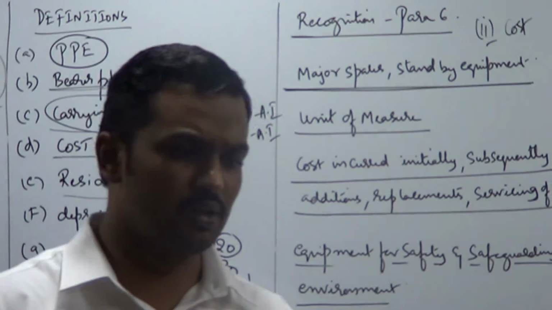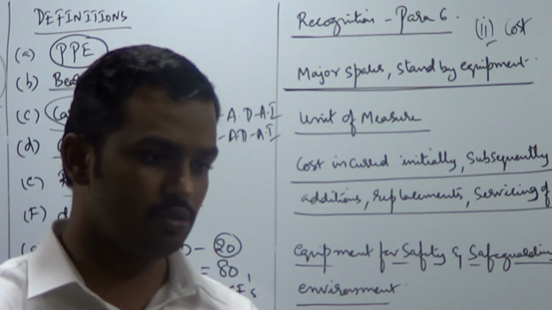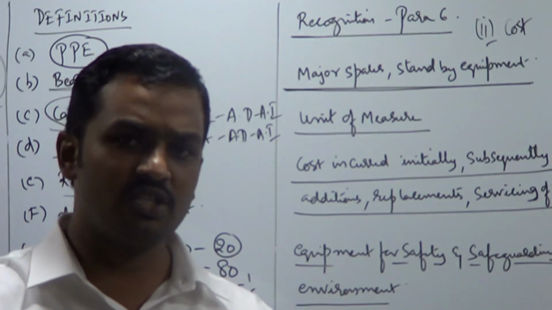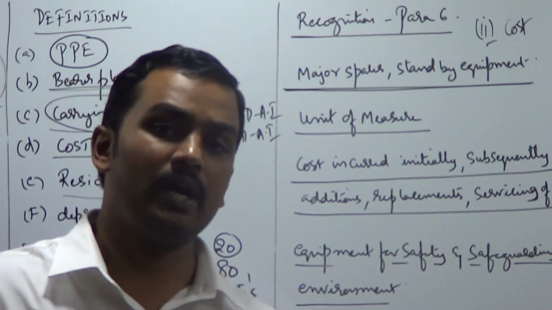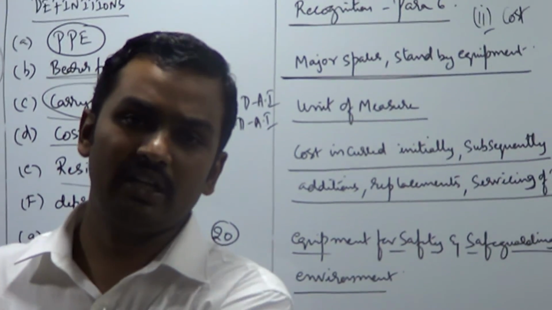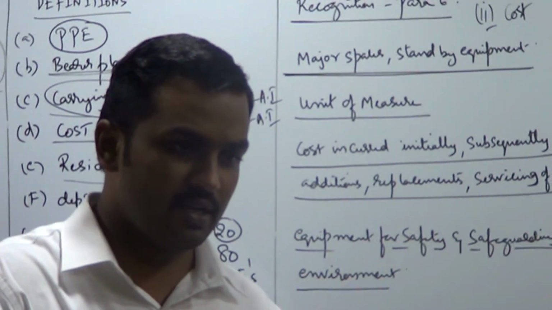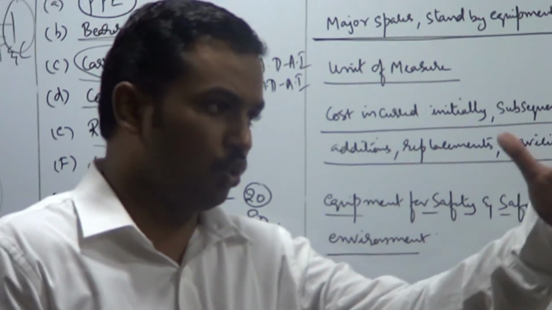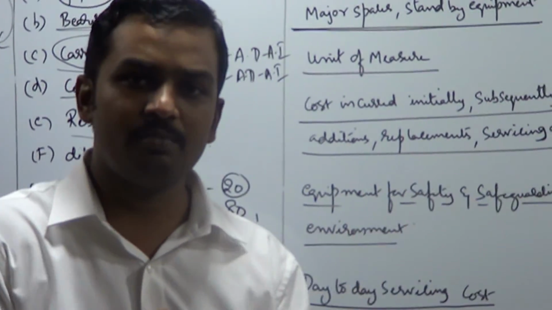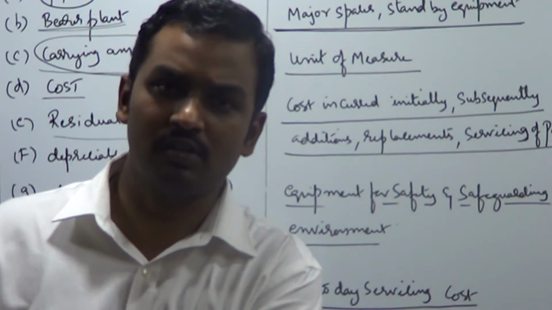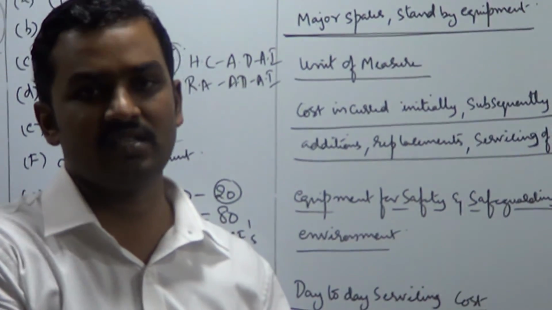General spares, small spare parts, loose tools, which can be used interchangeably on any machine, will be considered as inventory as per Ind AS 2. Specific spares, like a big motor which can be used only on one particular machine, cannot be considered a general spare. It will be capitalized as an asset.